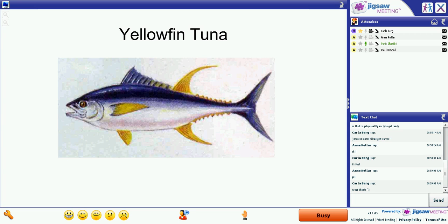I think it's really quickly. You are exactly correct. The yellowfin tuna swims very quickly. It's very torpedo-shaped, and its back fin, its caudal fin, is meant for pushing water away quickly. Now, the yellowfin tuna lives out in the open ocean and is a very speedy fish.